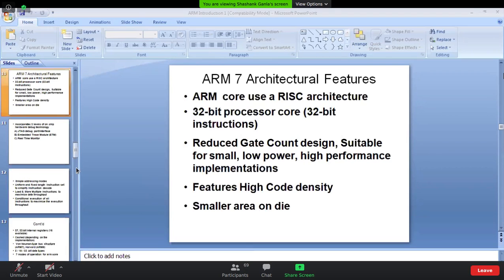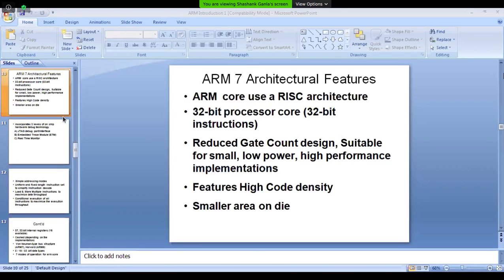Each instruction size is 2 bytes because it's a 16-bit instruction. So 120 instructions into 2, that is 240 bytes. Whereas the same application, when written using 100 instructions, had taken 400 bytes. So 400 bytes if written using the ARM instruction set, and 240 bytes if written using the Thumb instruction set.